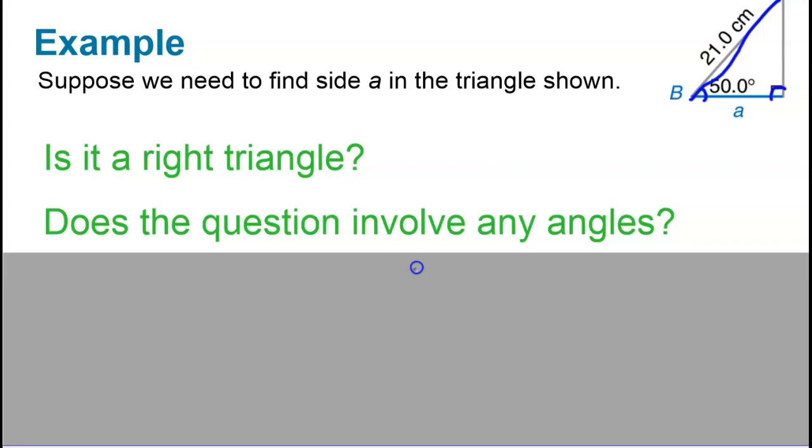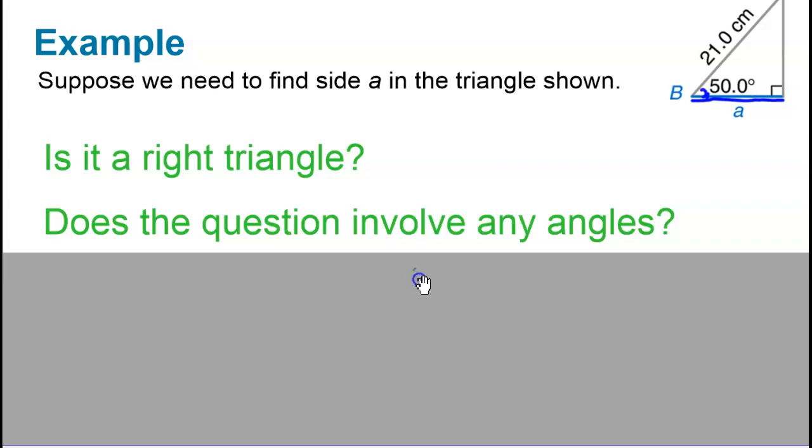We're being asked to find A, and A is the side that is adjacent to the angle we've been given.